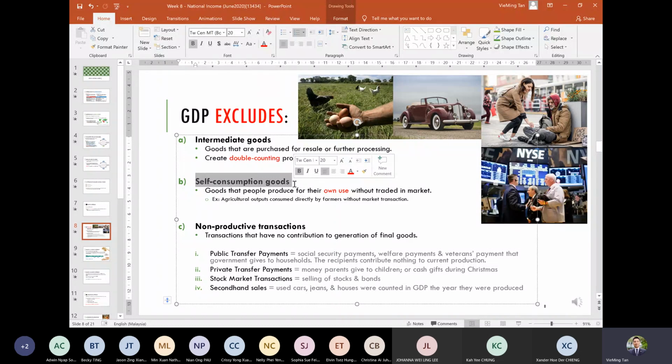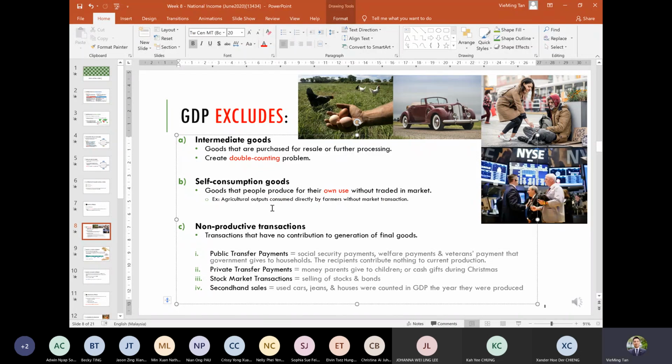This is considered self-consumption, so these products should not be included in the GDP calculation. So you have to remember this. One example is agriculture output produced by farmers without selling in the market, only for personal or family use.